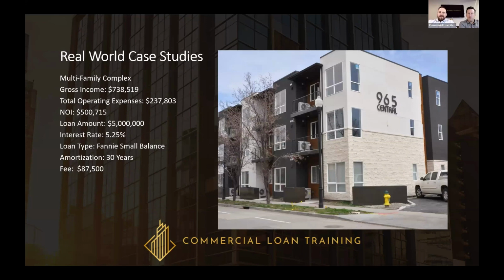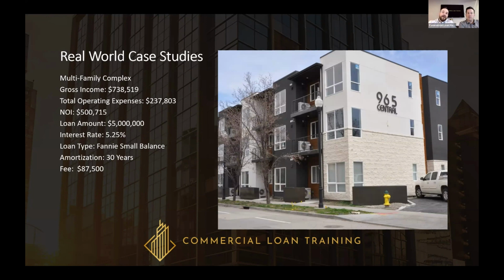Here again, this is the same client from the first slide that we showed you, who purchased the whole corner in that town. Well, he built an apartment complex. We got him the construction financing.